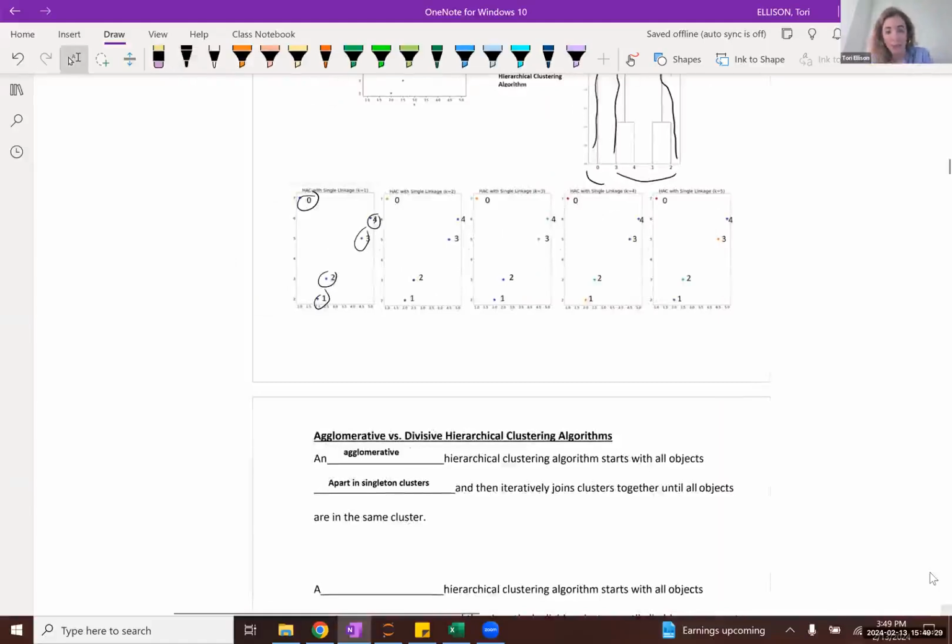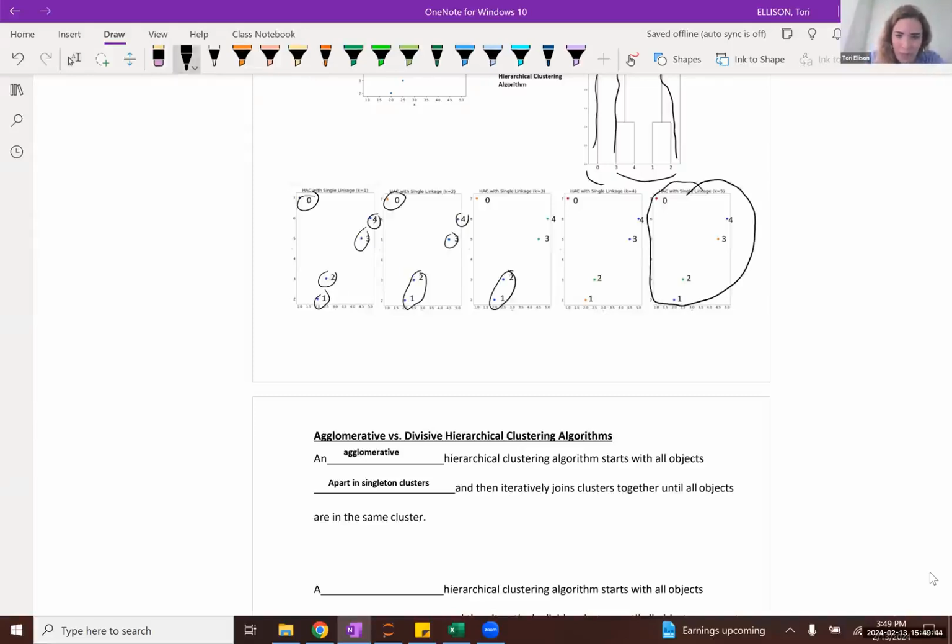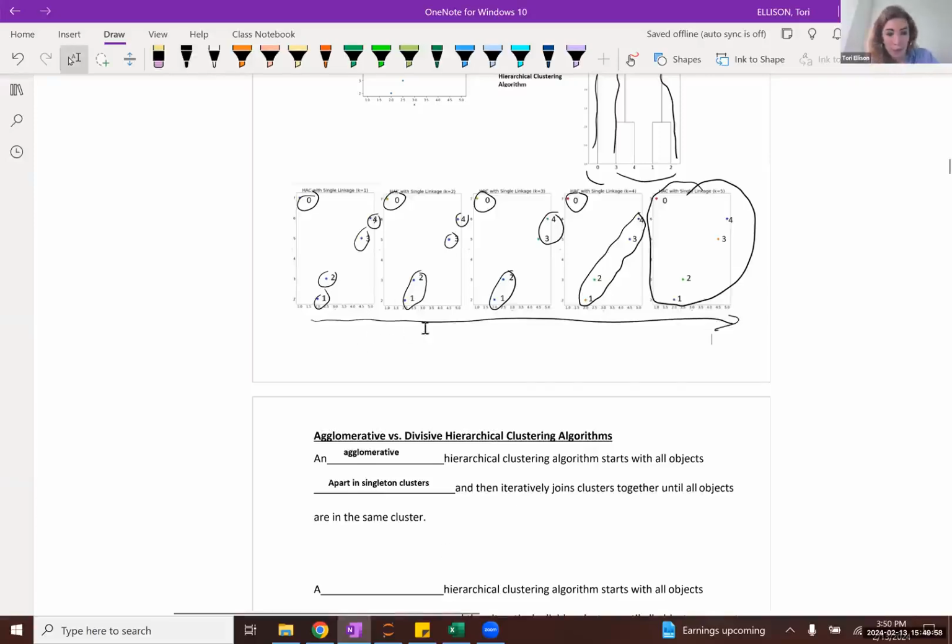Then it iteratively joins two clusters together until all objects are together in the same cluster. For instance, we might join 1 and 2, then 3 and 4, then 1, 2 and 3, 4, and then join all of these together. So agglomerative hierarchical clustering goes in this direction.